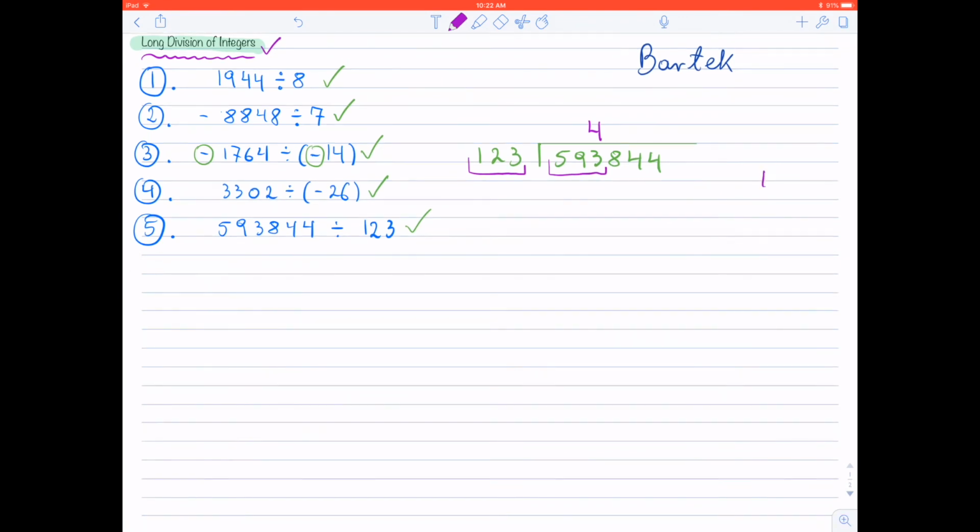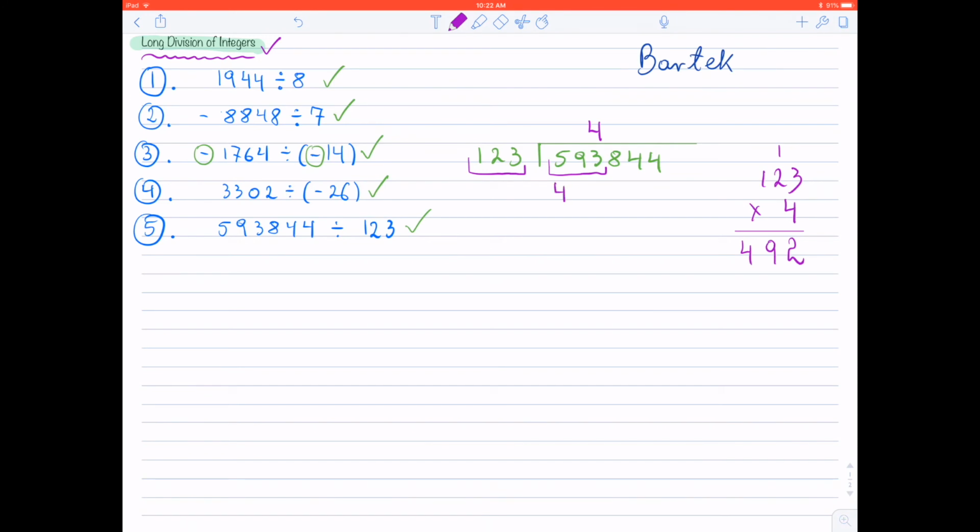And now on the side here, I am going to write this out. So 4 times 3, so that's 12, carry my 1. 4 times 2 is 8, and then plus the 1, and 4 times 1.